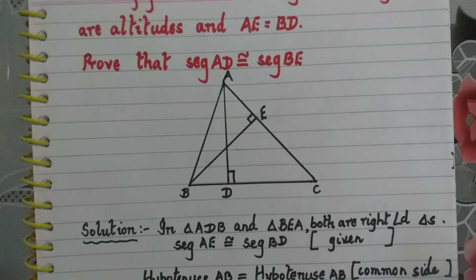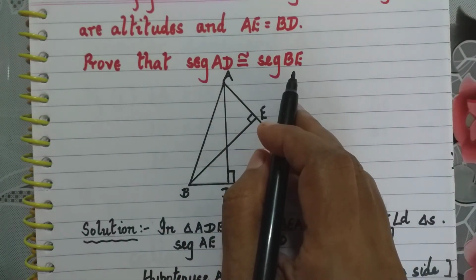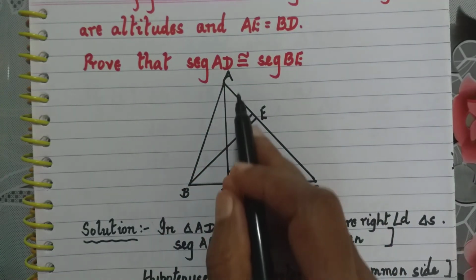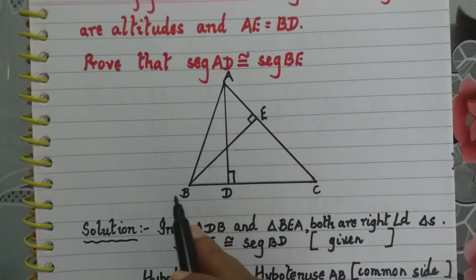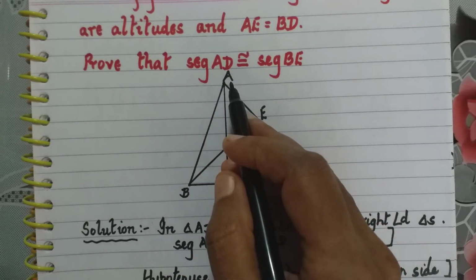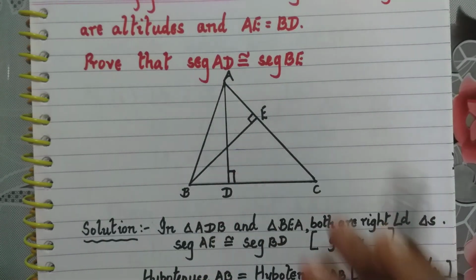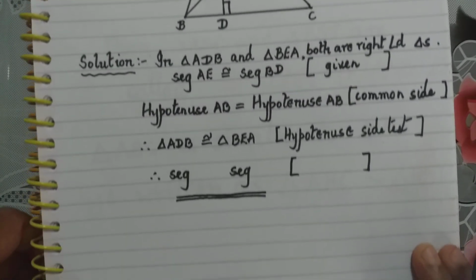Then we have to prove one pair of sides are congruent. Which is that what we have to prove? Segment AD congruent to segment BE. So look here, segment AD is in triangle ADB and segment BE is in triangle BEA. Therefore, segment AD is congruent to segment BE.